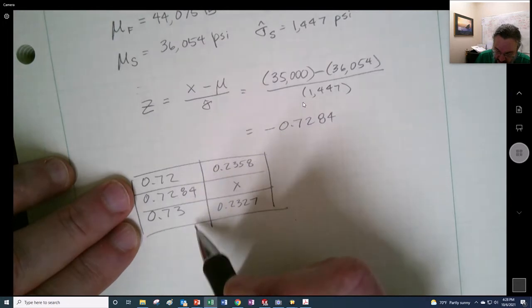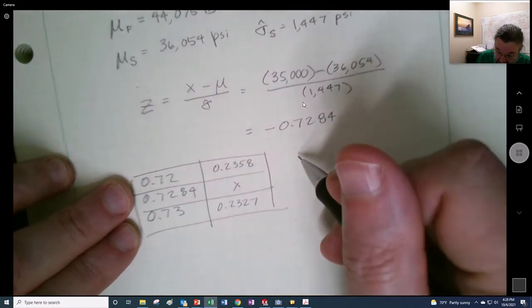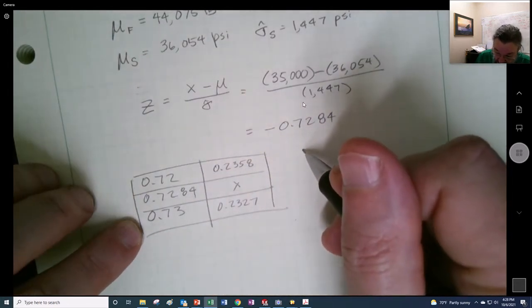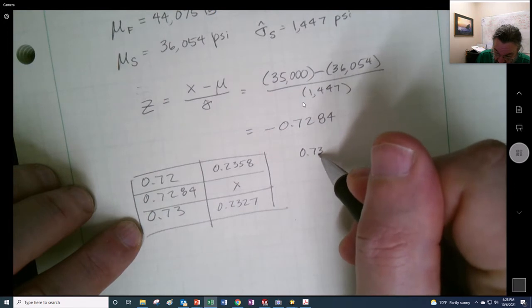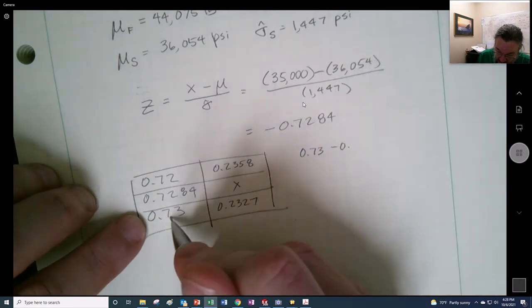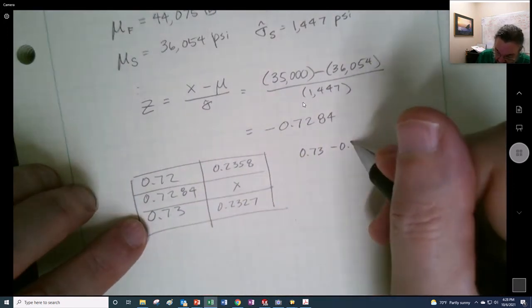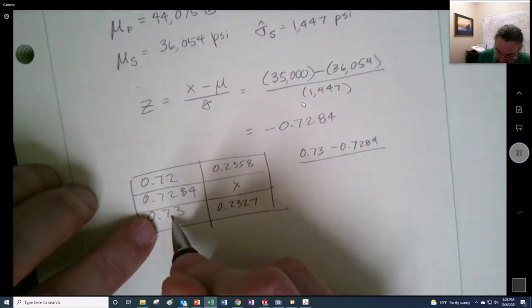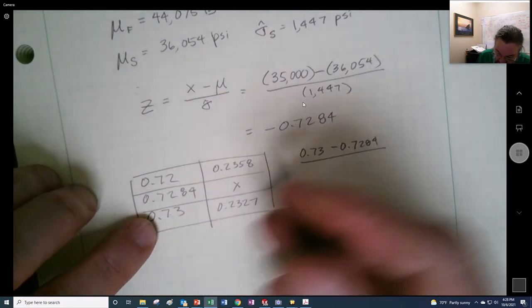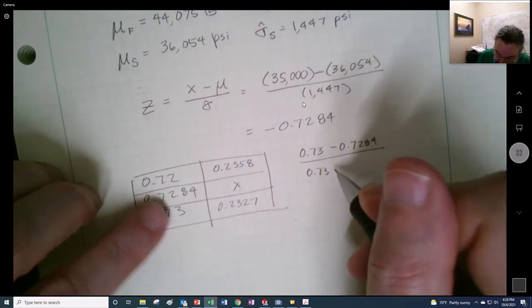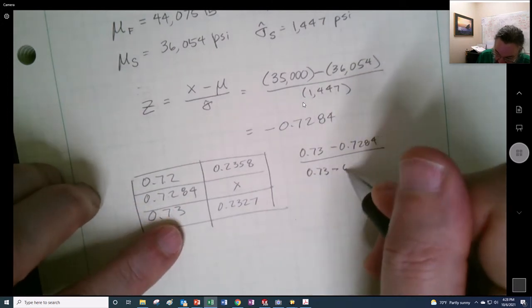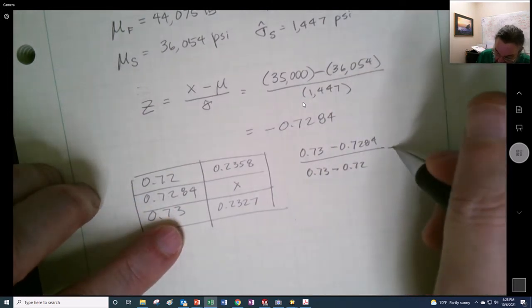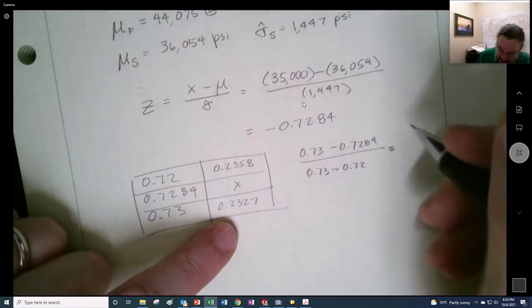We want to do the same thing on the left side as the right side, so we take, and I like to go 0.73, subtract this from that, divide, subtracting this from that, right? So we're using the bottom one as the means of comparison, and I didn't leave myself enough room.